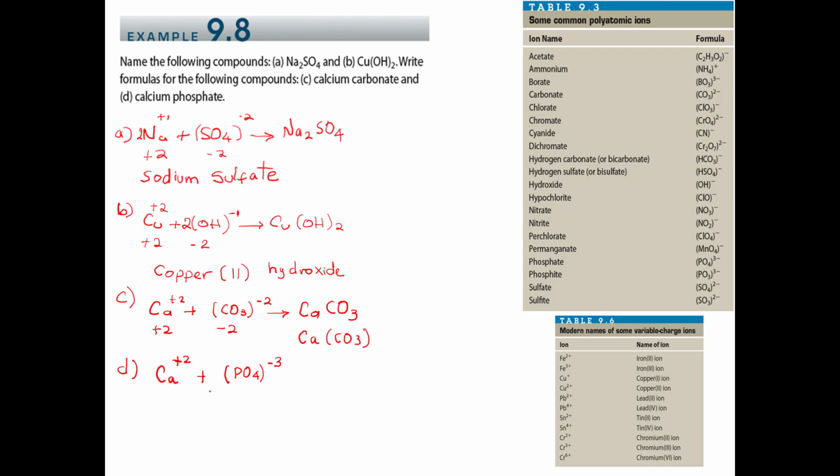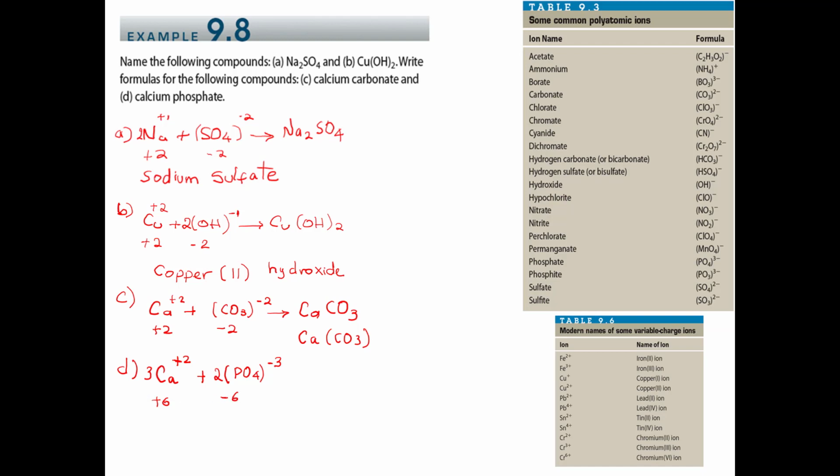You will multiply the calcium by the charge of the phosphate, which is 3, and then multiply the phosphate by the charge of calcium. You will see 3 times 2 will be positive 6, and 2 times negative 3 is negative 6.